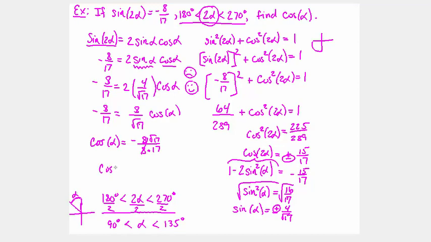So ultimately I should get cosine of alpha is equal to negative root 17 over 17, which can't be reduced, so we're good. That's exactly what we were hoping to find.